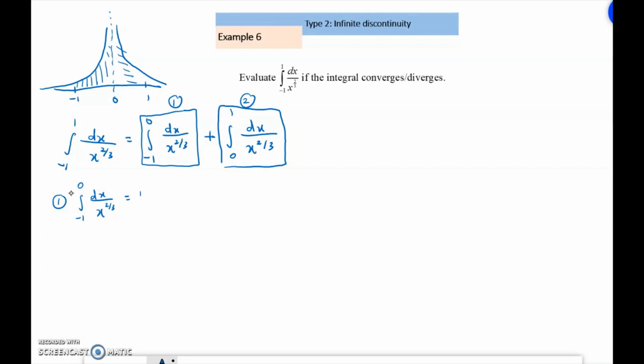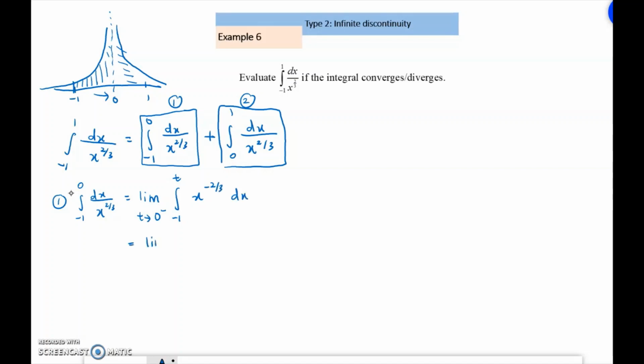So we can rewrite this in terms of limit, where the interval starts from -1 up to t, where t is approaching 0 from the left side. So this will be x to the power of -2/3 dx.